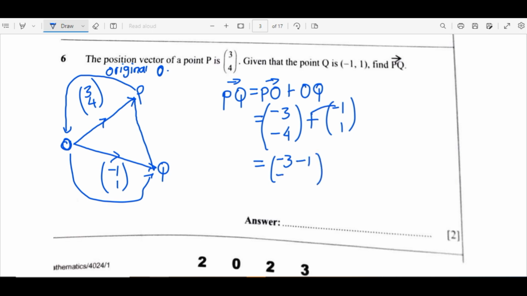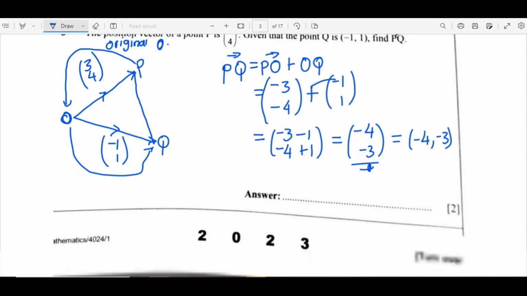Here we have negative 4 plus 1, which is negative 3. This is our final answer for vector PQ. And if we want to give this answer in coordinate form, this is negative 4, comma, negative 3. So we just leave it in the column form.